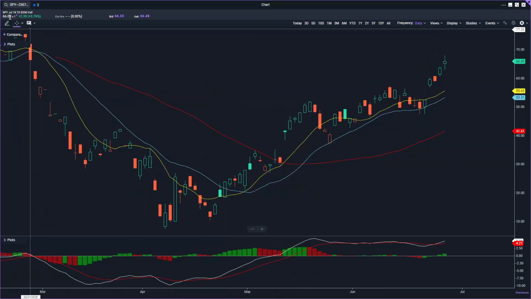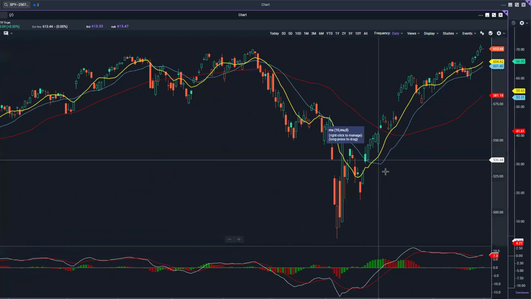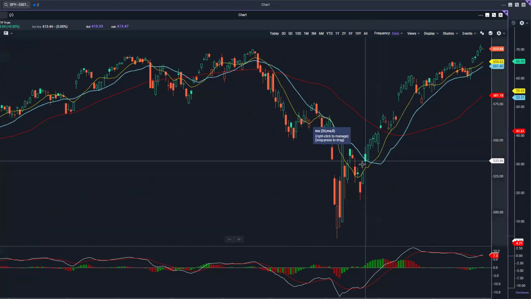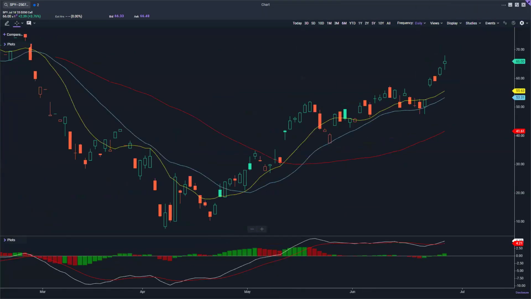Okay, so you can see right here, this is the July 18th, the 550 strike call. So when SPY started that breakout momentum cycle, like we said on April 28th there, take a look at if you entered into that call per our trade plan entry and what it's worth now. So if we take a look, SPY on April 27th, again, this is charting the SPY July 18th 550 strike call.